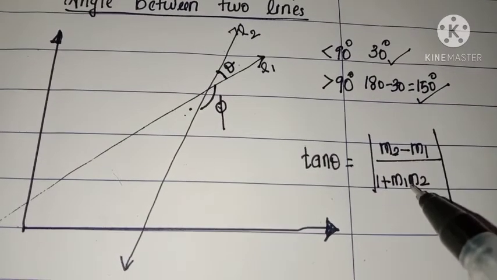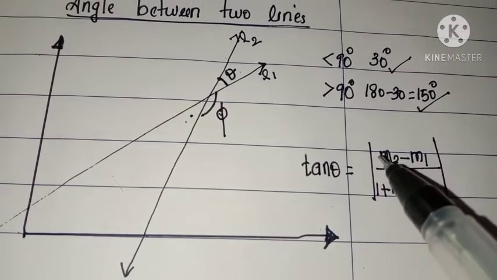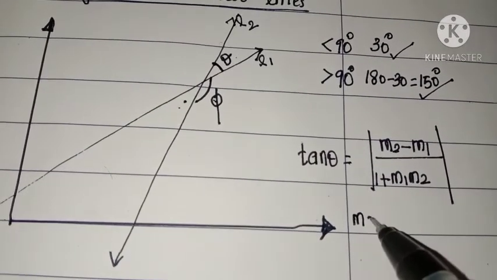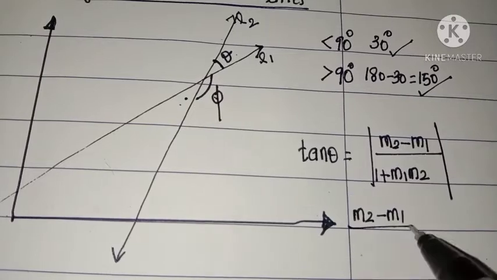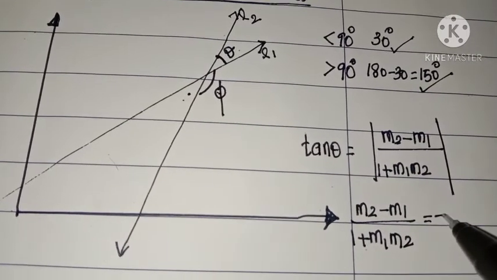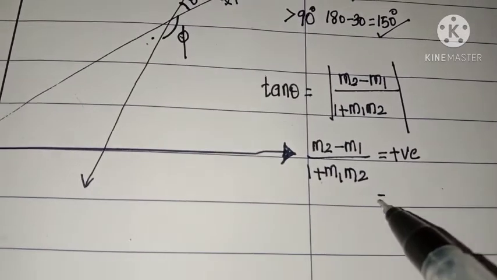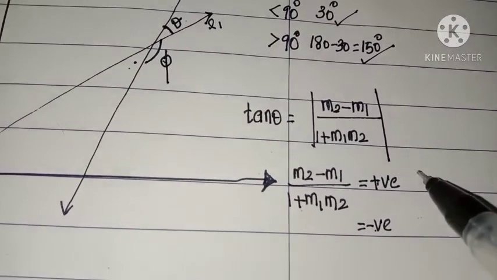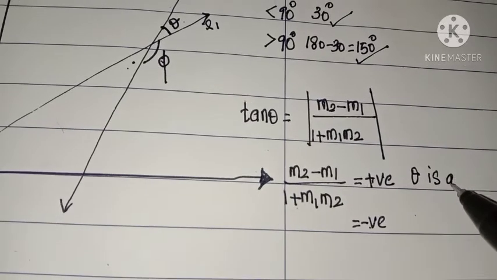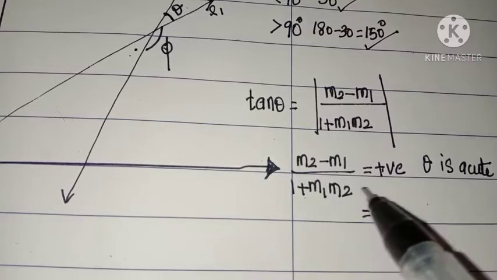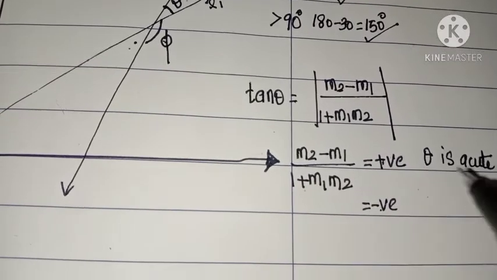Listen, this modulus is there because m2 minus m1 by 1 plus m1 m2 may be positive or negative. If theta is acute, meaning less than 90, then this expression is a positive quantity.